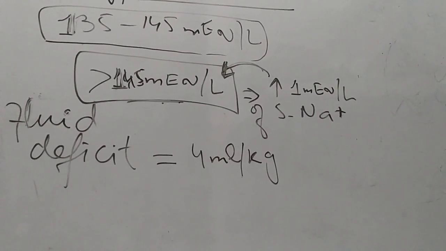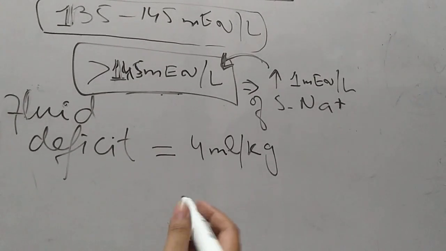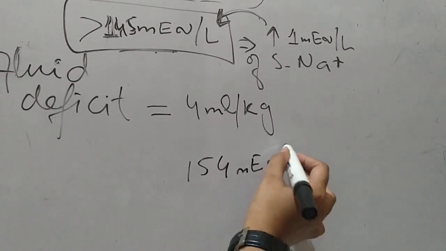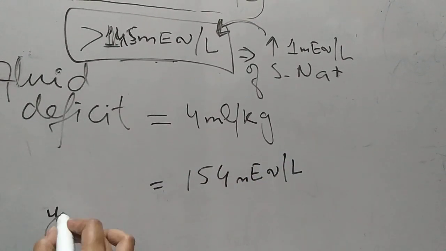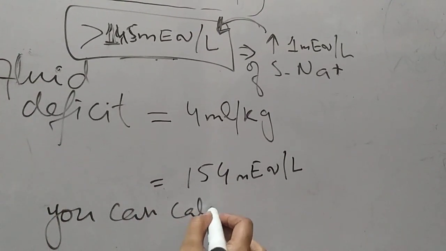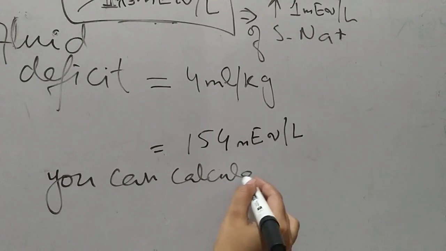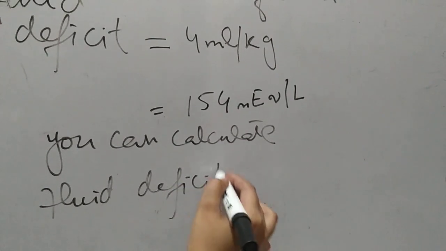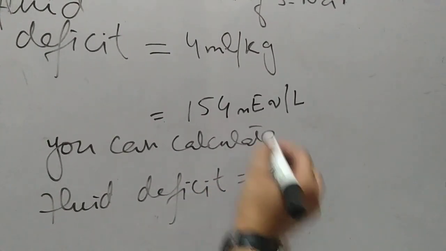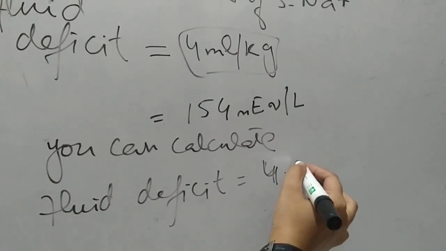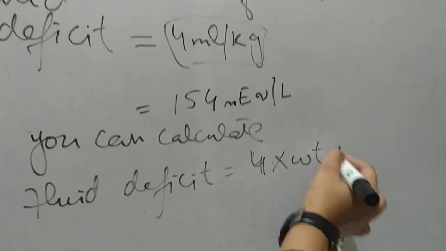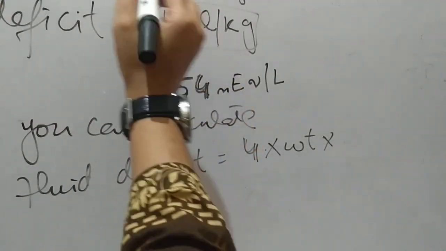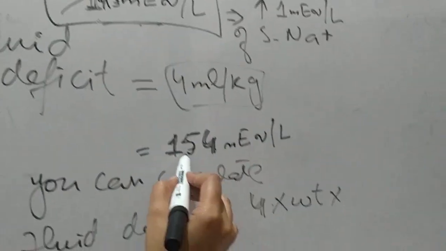Okay, if your patient's sodium value is 154 milliequivalents per liter, you can calculate the fluid deficit by this formula: 4 ml per kg, so 4 multiplied by the weight of your patient multiplied by the serum sodium rise. The rise in serum sodium from 145 to 154 is 9.